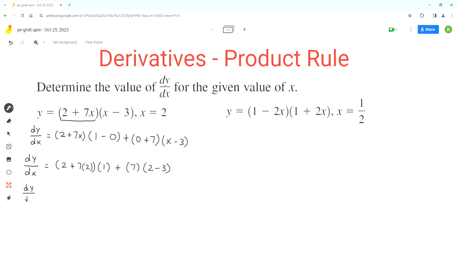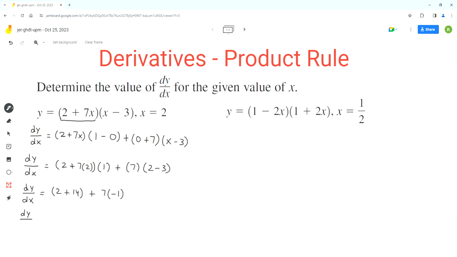So dy over dx equals, first in the first parentheses we'll do 7 times 2, which is 14, so 2 plus 14, and then times 1, which won't change anything, and then plus 7 times parentheses negative 1. So 2 minus 3 is equal to negative 1.